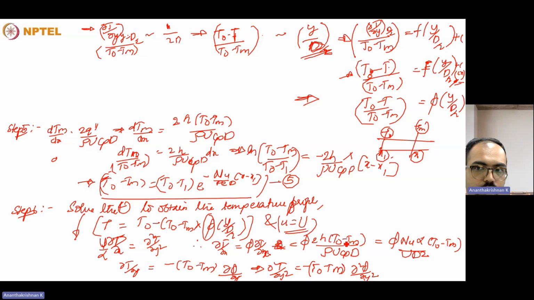Therefore, in the original equation, we substitute these differential values. The original equation will become u by alpha phi Nusselt number divided by u d square alpha, T0 minus Tm, equal to minus of T0 minus Tm into dou square phi divided by dou y square.